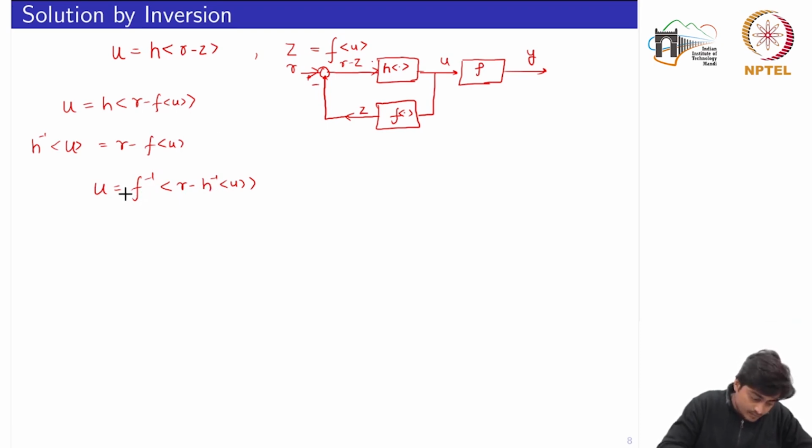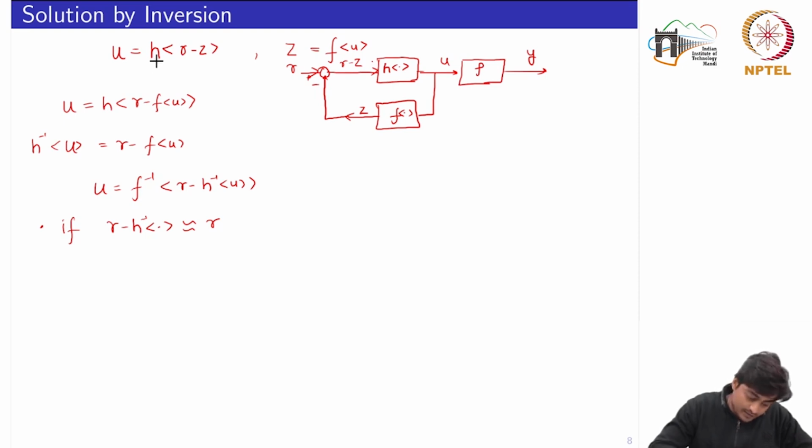Okay, now suppose this r minus h inverse of some function becomes equal to r. This is a very decent assumption. Why? Because this function h is defined by the user.